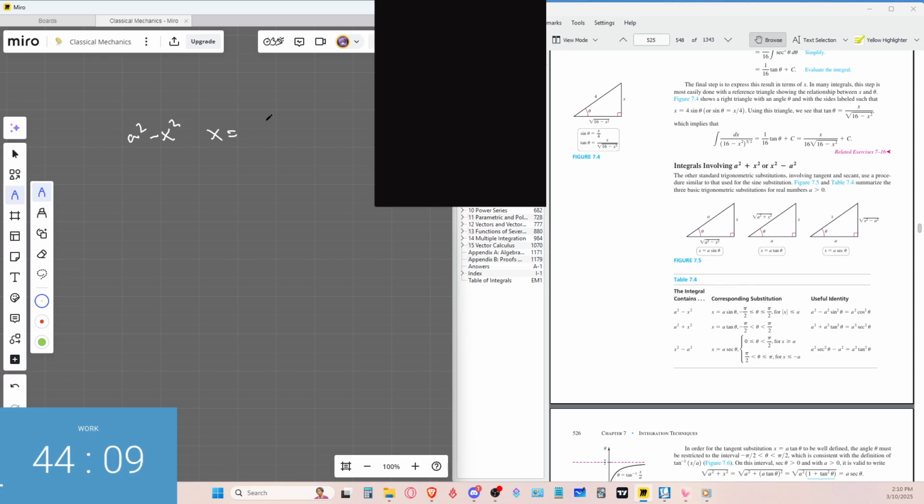So x would be equivalent to a sine of theta, and then a tangent of theta, and a secant of theta.